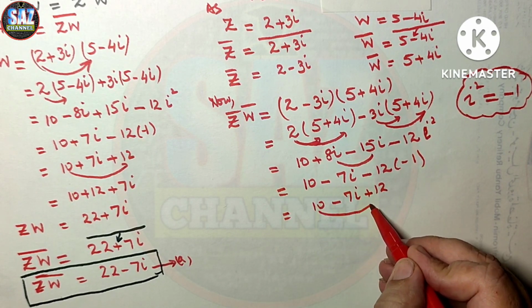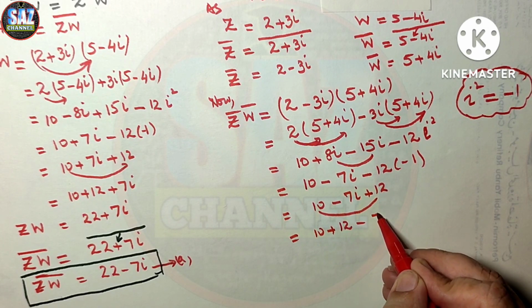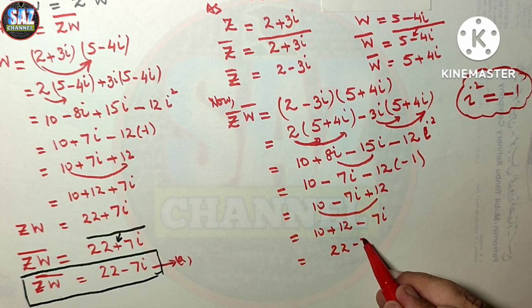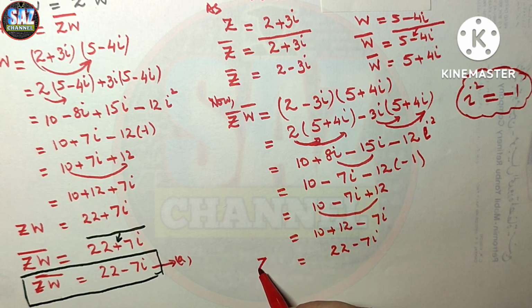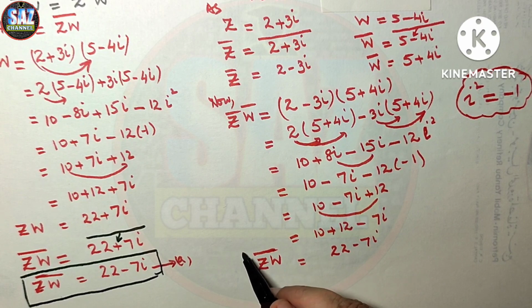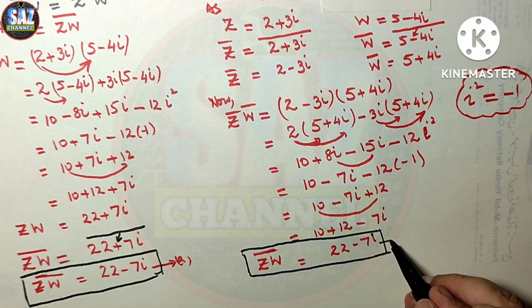Again I have to join like terms: 10 plus 12 minus 7 iota, and this will become 22 minus 7 iota, which is Z bar and W bar. Let me block this answer for comparison purpose. These questions can come in your long questions, so please watch and understand all these questions properly.